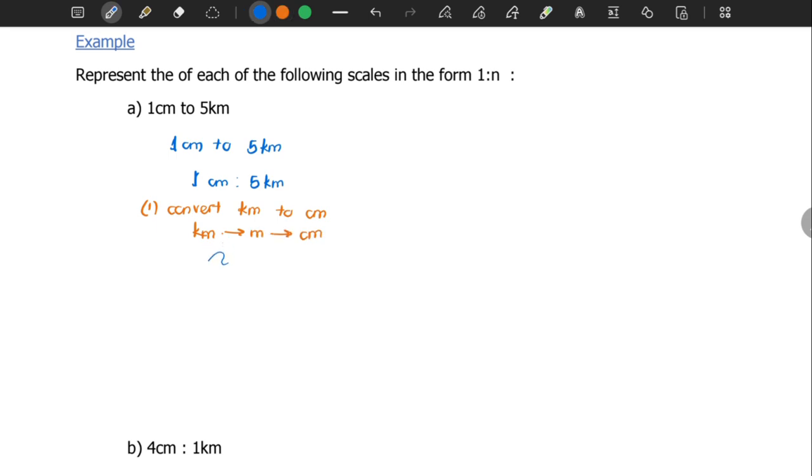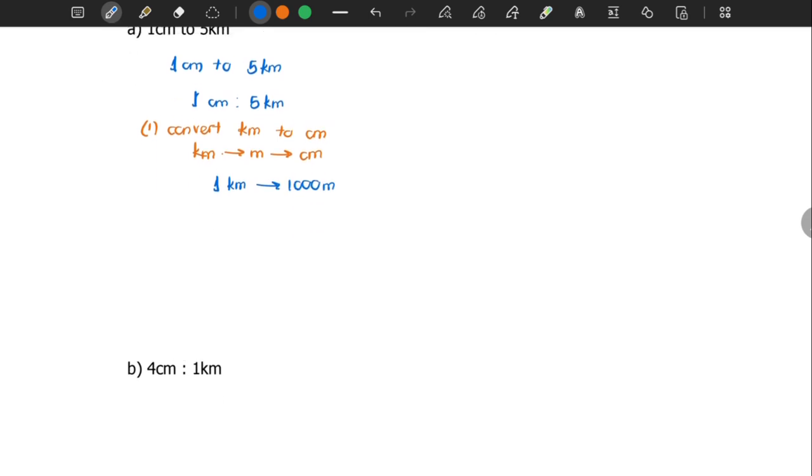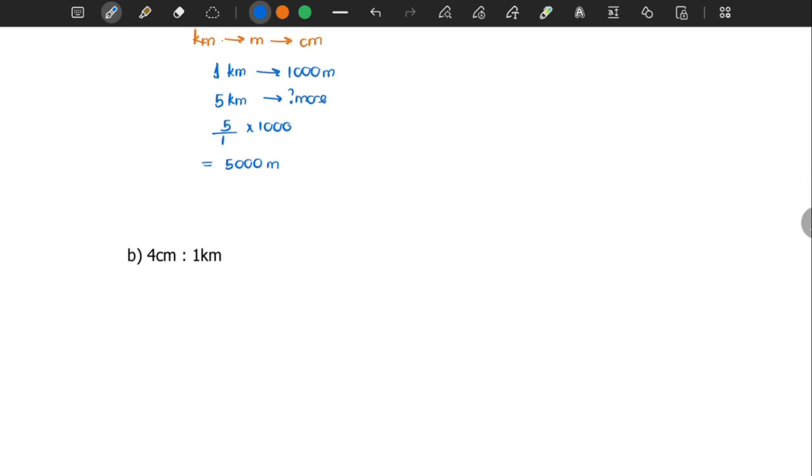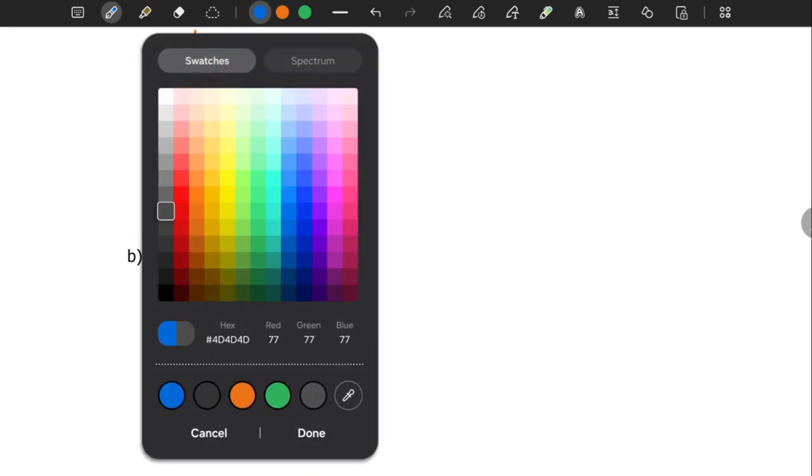Knowing that 1 kilometer converts to 1,000 meters, because kilo means 1,000, what about 5 kilometers in proportion? That means more, right? So we invert, it becomes 5/1 times 1,000, and this becomes 5,000 meters. This is just the first part.